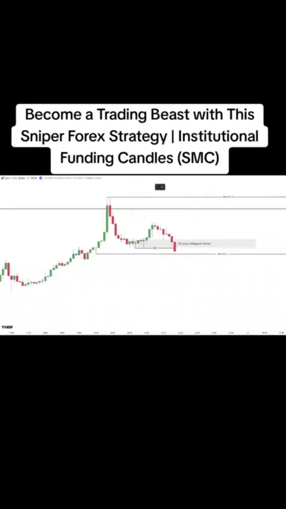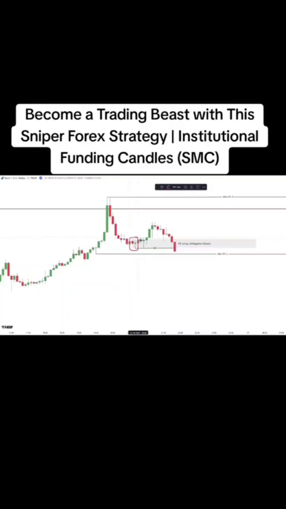The sequence is clear: a swing high, followed by a swing low, then a lower high, and an immediate reversal. It's important to note that this differs from a breaker block, as a breaker requires the formation of a higher high, not a lower high.